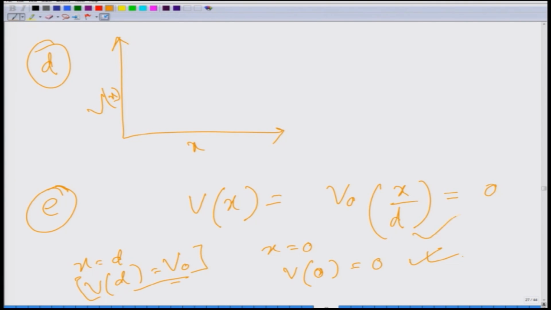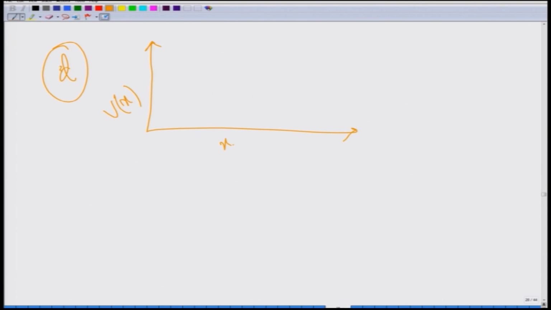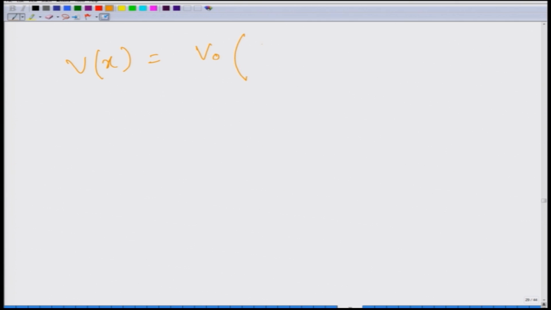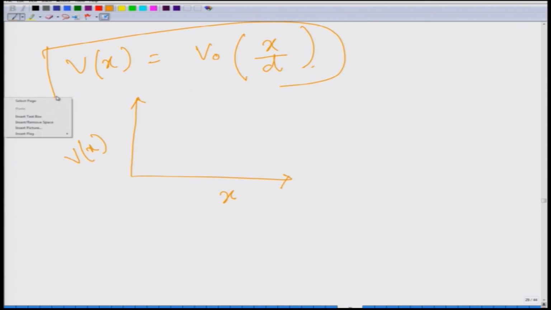So this is fine. Now you have Vx is V0 x by d without the space charge. Now you can plot how Vx will look. It is actually a linear function.